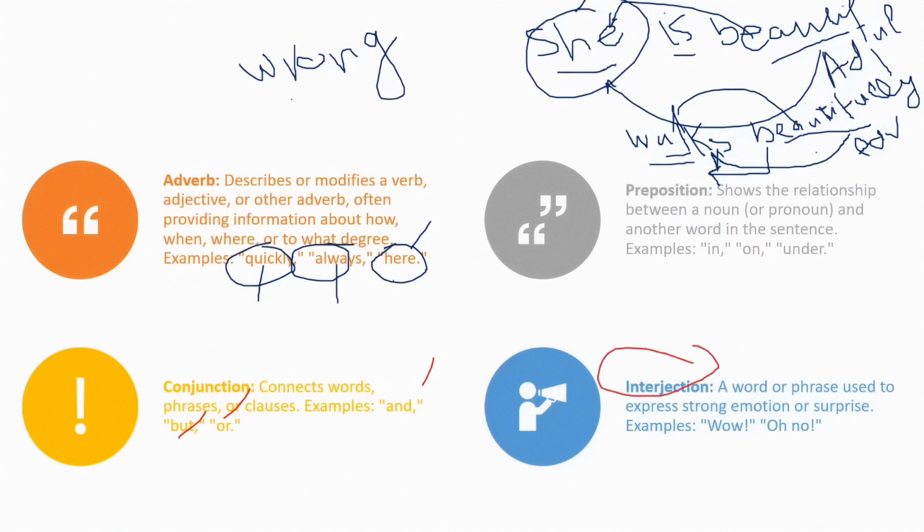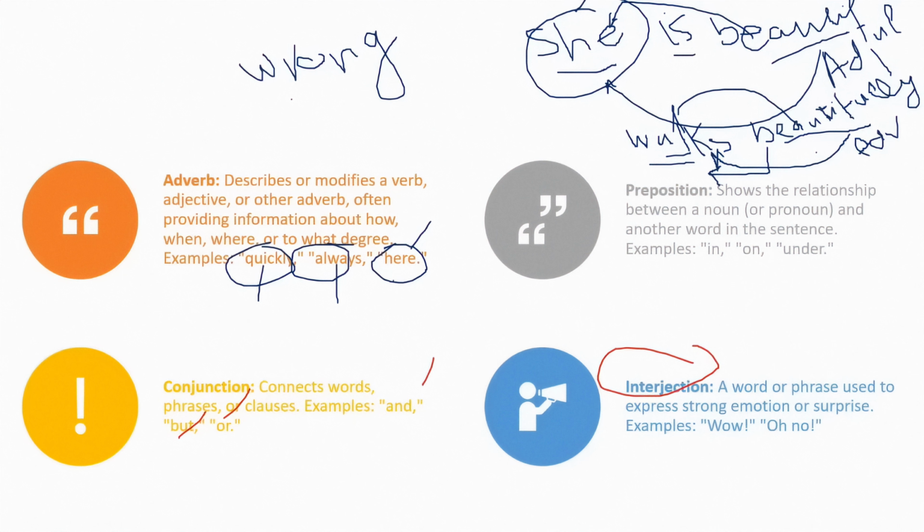Interjection. A word or phrase used to express strong emotions or surprise. These emotions may be pleasure, surprise, or some positive or negative reaction. For example, wow, what a lovely scene. Oh no, again lost.